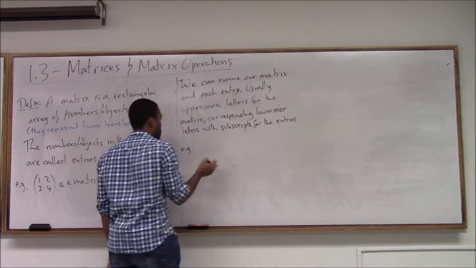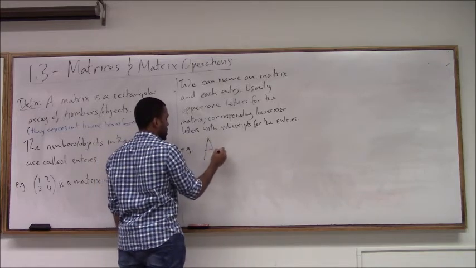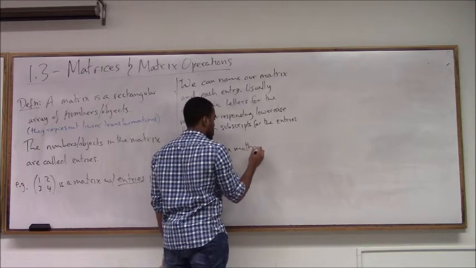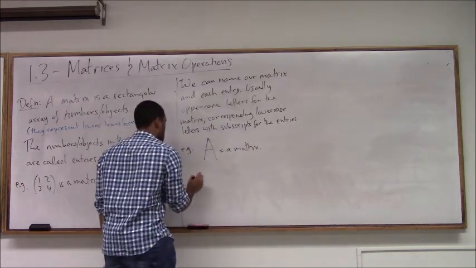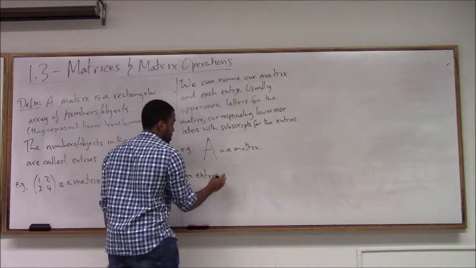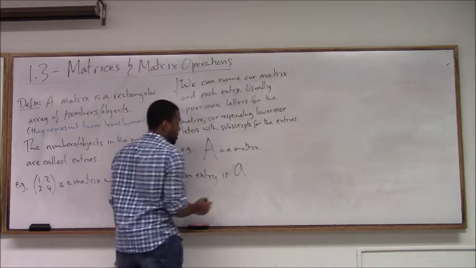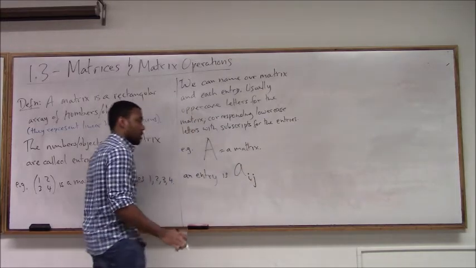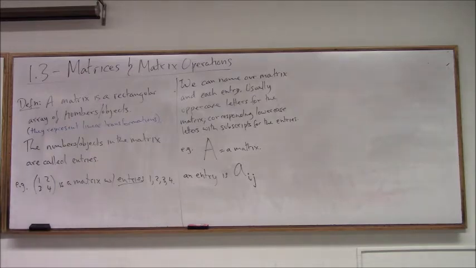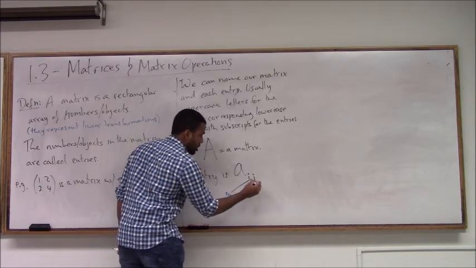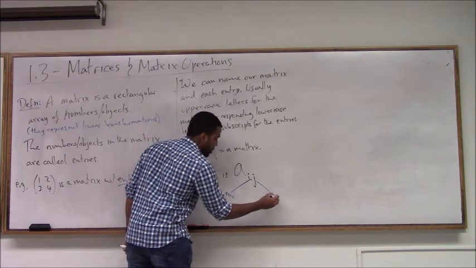Example. I can say A is a matrix. An entry is little a with an i and a j, where i represents the row of that entry and j tells you the column that entry is in.